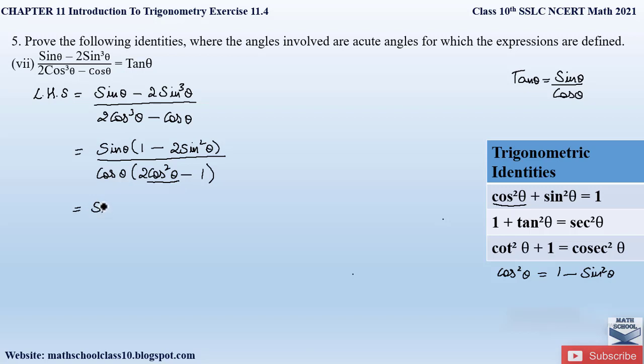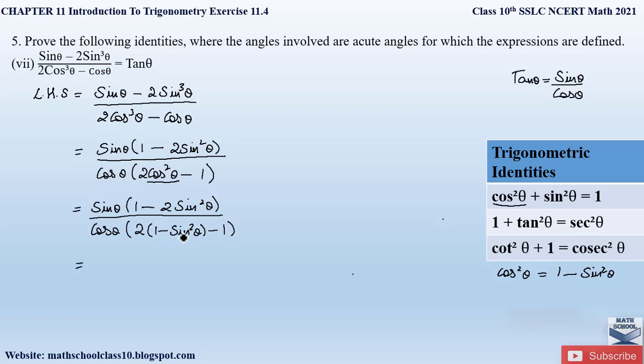So therefore you can write down sin theta into 1 minus 2 sin square theta divided by cos theta into 2, so 2 into cos square theta. So cos square theta value can be written as 1 minus sin square theta. So I'm writing in the brackets again because we have a 2 multiplication here. So 1 minus sin square theta, minus 1.